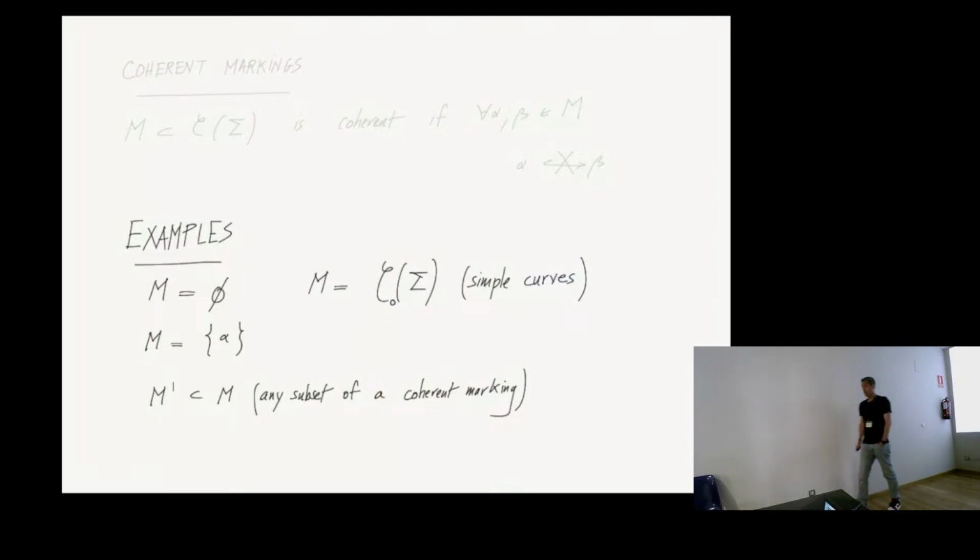So simple curves form a coherent set, because simple curves don't have any other proper subloops. Right? So they can't support anybody. So simple curves are all individualists. Or if you have any coherent marking, you take any subset of that. Right? So if you had a coherent set, then you just take any subset of that and that gives you a coherent set. Right? So these are all examples of coherent subsets.